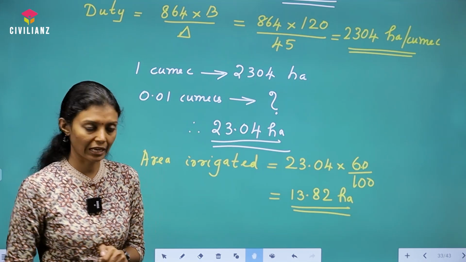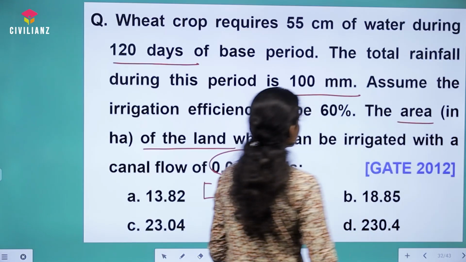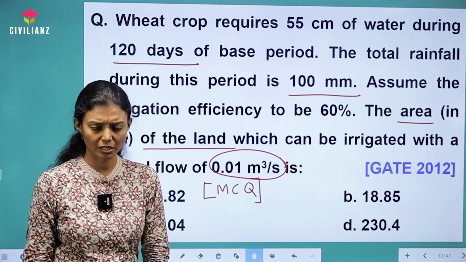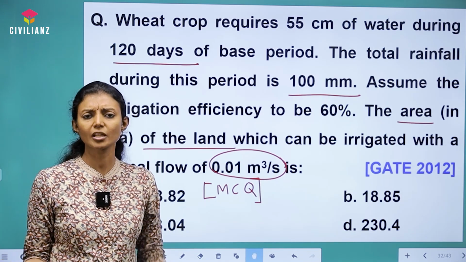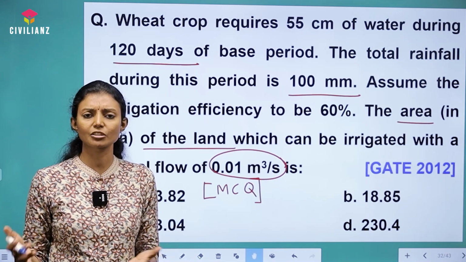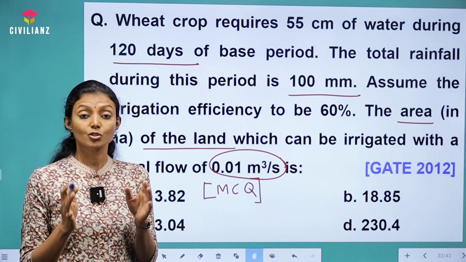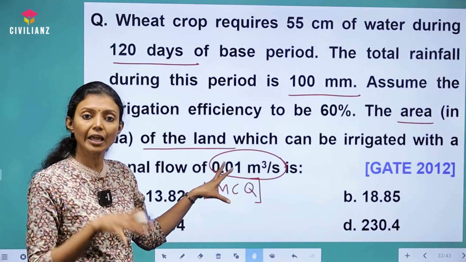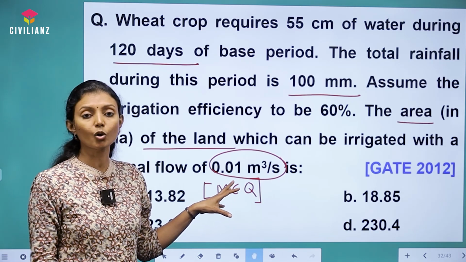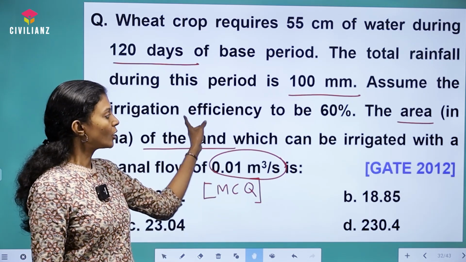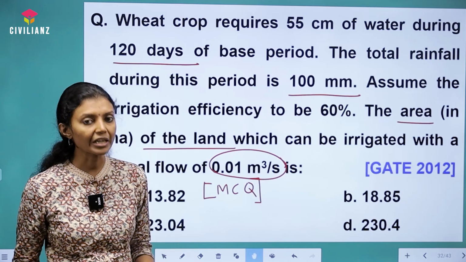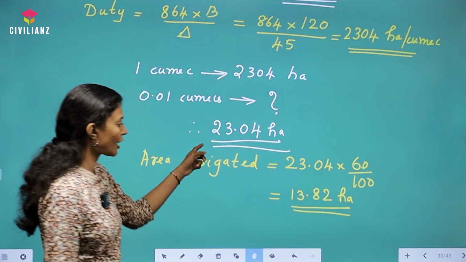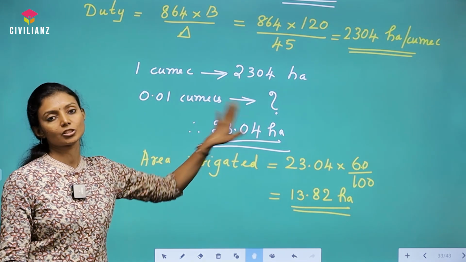But that is not the final answer, because in the question, it is given that the irrigation efficiency is 60%. It has not been mentioned whether it is a conveyance efficiency, application efficiency, or some other efficiency. So you can assume that it is supposed to be the efficiency of area, which is the unknown quantity which we have to find. So the efficiency of area is only 60%. So what we have to do is, we have to take the 60% of area.